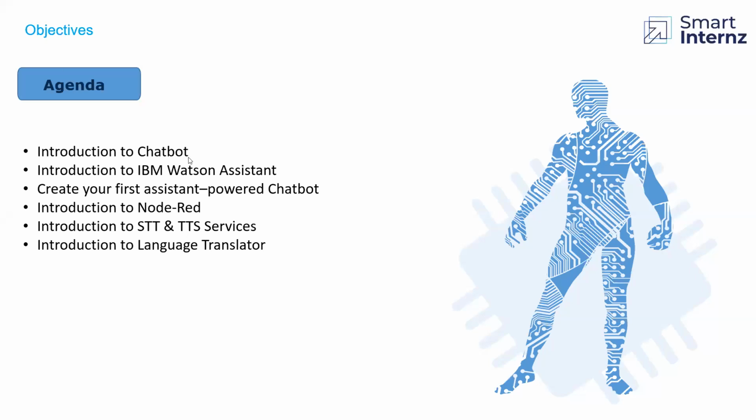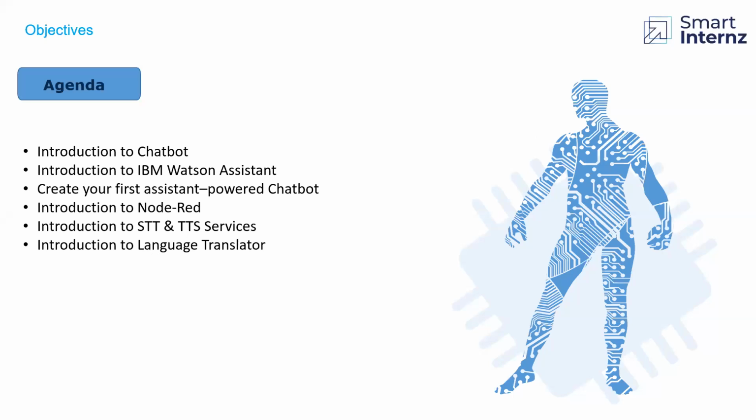We will understand how to create a language translator where the user gives an input as speech, and also gets the outcome in audio form. In between, we will also utilize the language translator service available on the IBM platform.